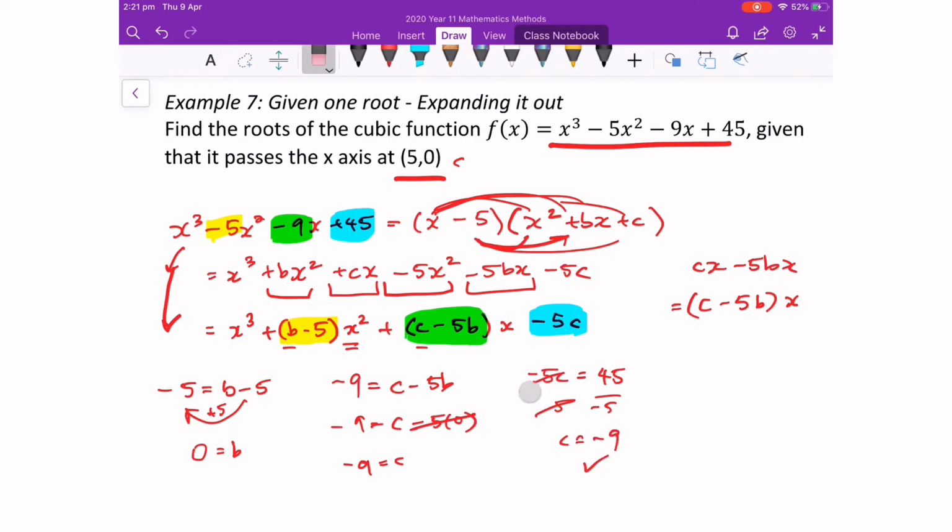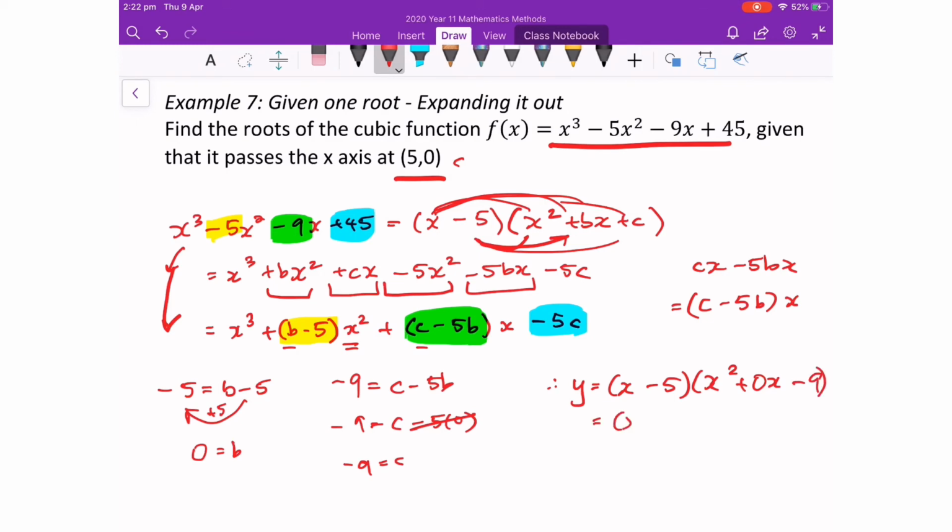Okay, so we're going to substitute that in. So therefore, y is equal to (x take 5)(x squared, now my b is 0, so 0x squared, oh sorry, no, just 0x, and then my c is equal to negative 9), like that, which can be rewritten as this here. Now, I want to write this in root form.